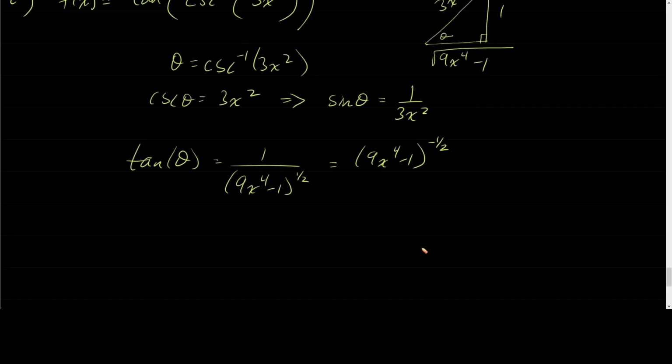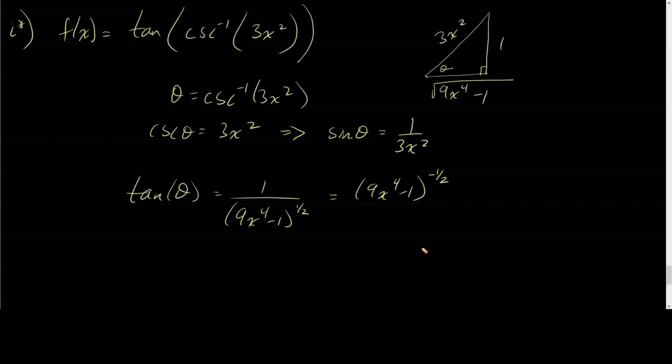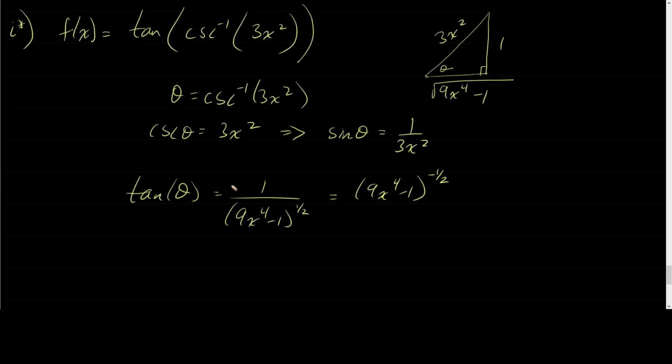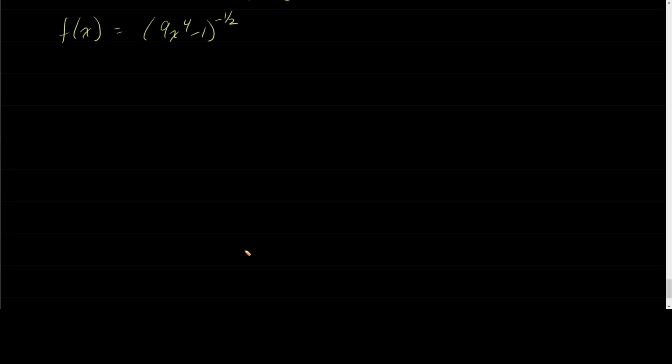All right. So now, let's figure out f prime. Let's rewrite f, right? So this was f. What we said here is that f of x was tangent of this stuff. We just found that to be 9x to the 4th minus 1 to the negative 1/2. Now let's find f prime based off of that. So f prime of x would be negative 1/2 times 9x to the 4th minus 1 to the, subtract 1 from the exponent, negative 3/2, times the derivative of the inside.